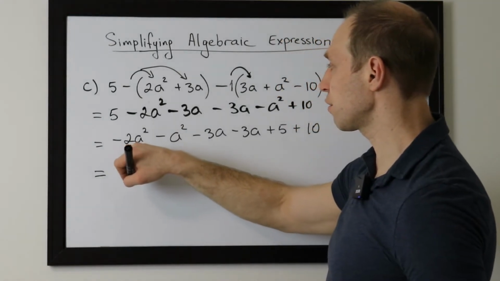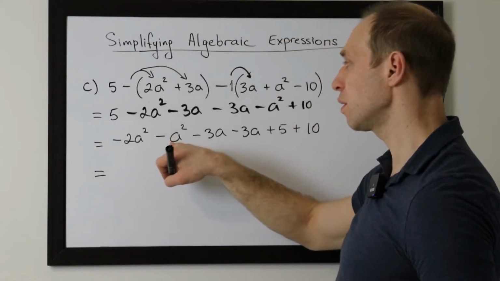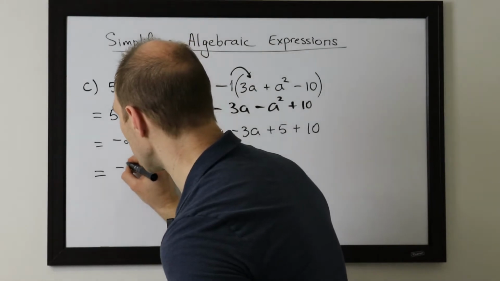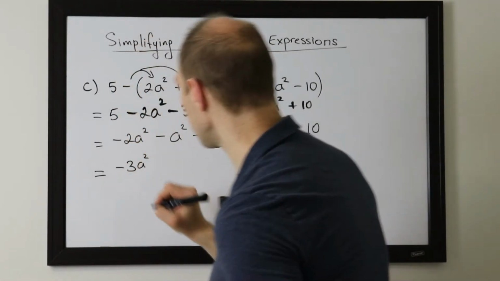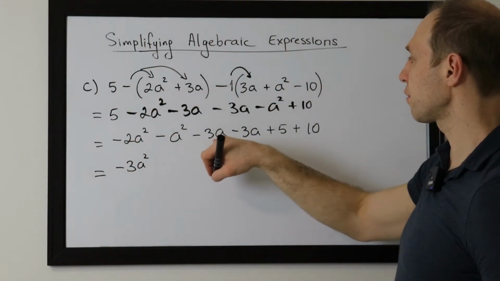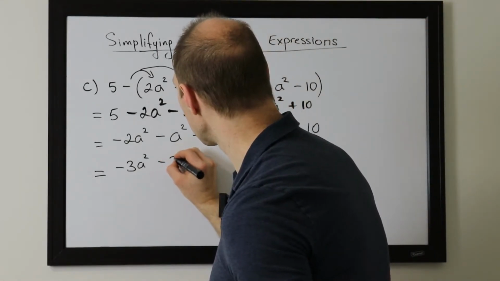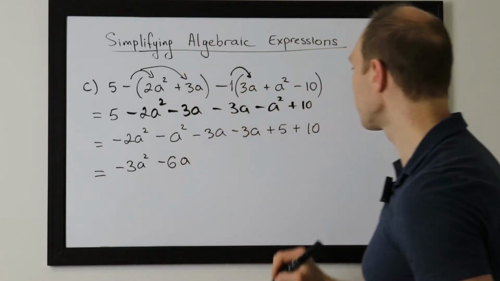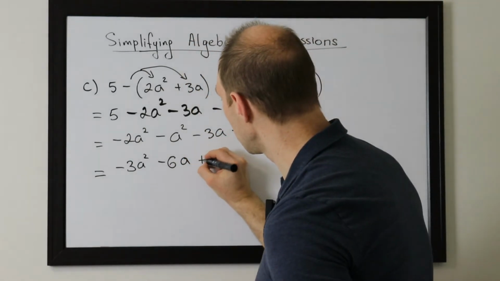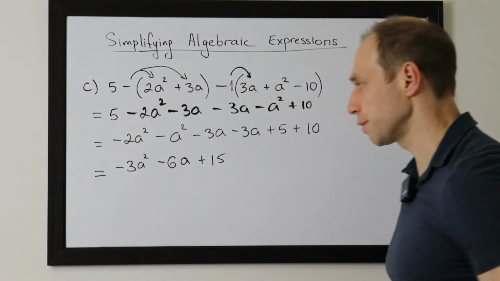So it's the same as negative 2a minus 1a, which gives us negative 3a squared. Negative 3a minus 3a makes it more negative, gives us negative 6a. And 5 and 10 gives us 15.